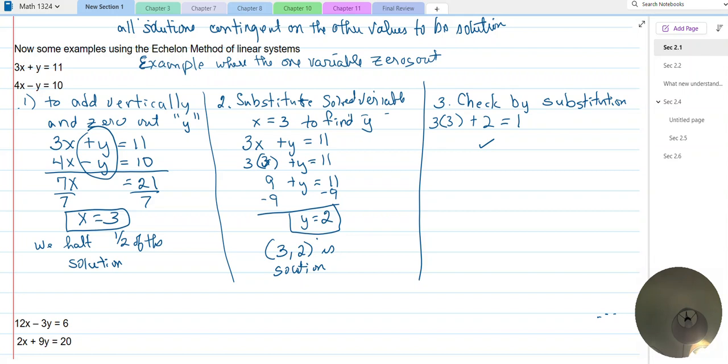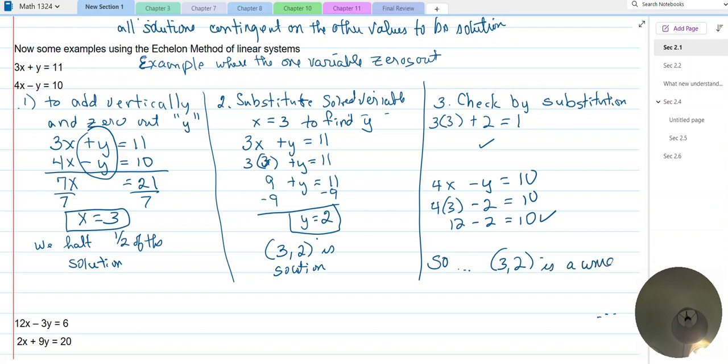And we know that one's true. So the next one is 4x minus y equals 10. 4 times the 3 minus the 2 equals 10. 12 minus 2 equals 10. So 3, 2 is a unique solution to the system.